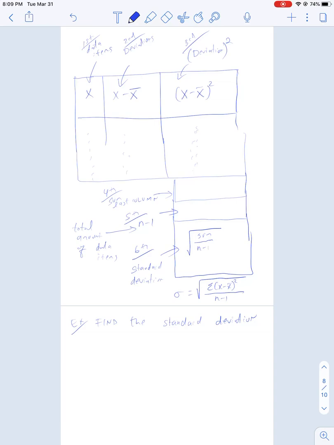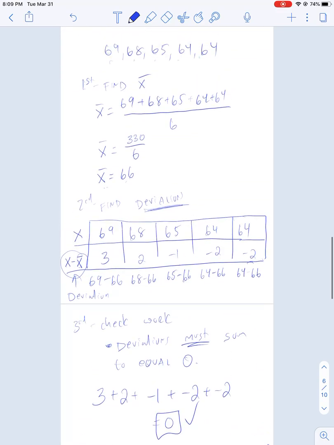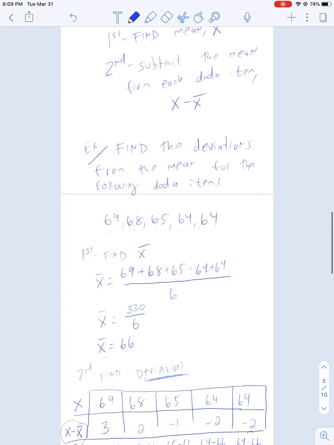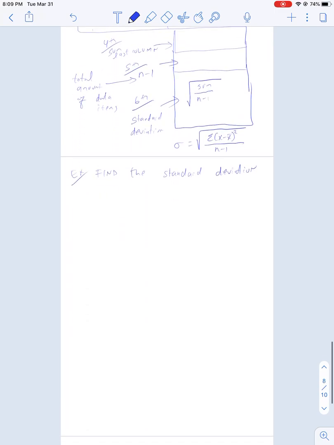Let's take a look at an example here. Let's go back to our example of these specific numbers: 69, 68, 65, 64, and 64.